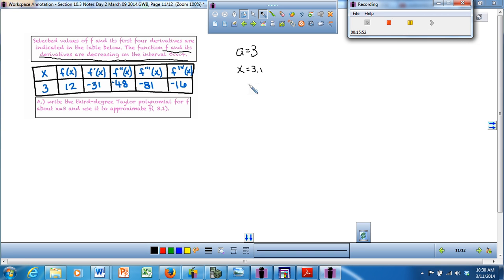Okay, so our last example gives us a table of values, so let's read through it. Selected values of f and its first 4 derivatives are indicated in the table below. The function f and its derivatives are decreasing in the interval 0 to 4. So they're basically telling us that the derivatives are decreasing.